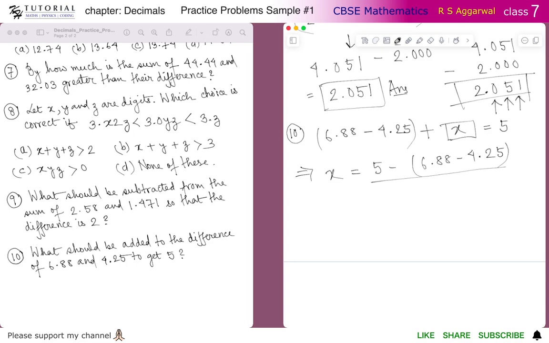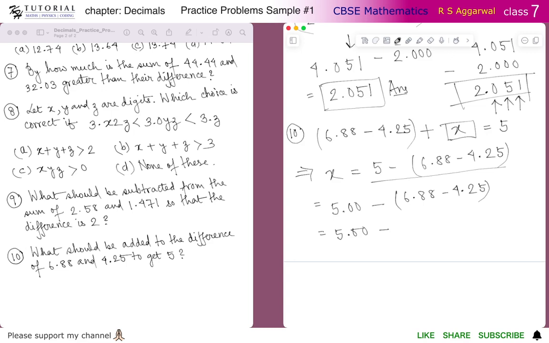Now, let's convert all the decimals to like decimals, and this will become 5.00 minus 6.88 minus 4.25. Oh no, this is subtraction.